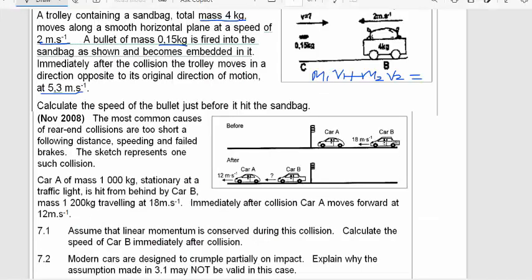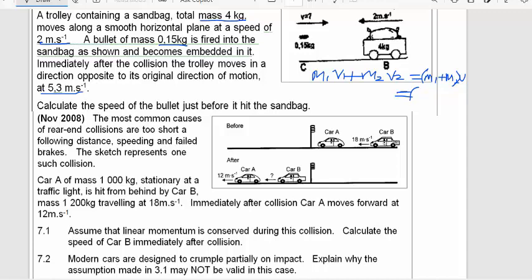So now I know that on the right hand side I can have my bracket M1 plus M2 close bracket, same velocity. So the same velocity, I already know that it's going to be 5.3. So on the right hand side I can go ahead and substitute the masses.